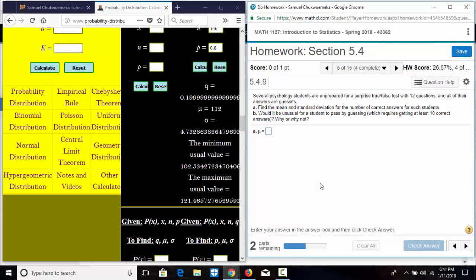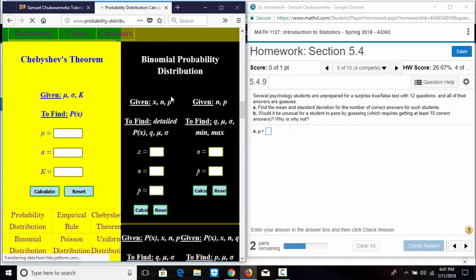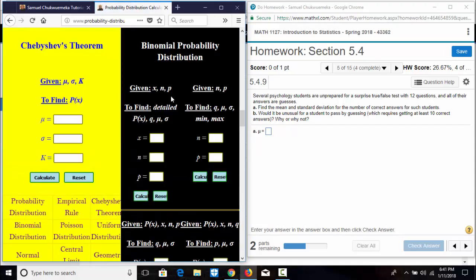Question 5. Several psychology students are unprepared for a surprise true-false test with 12 questions, and all of the answers are guesses.